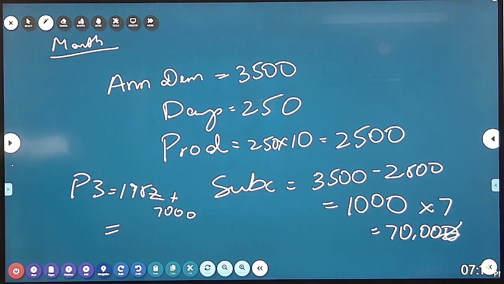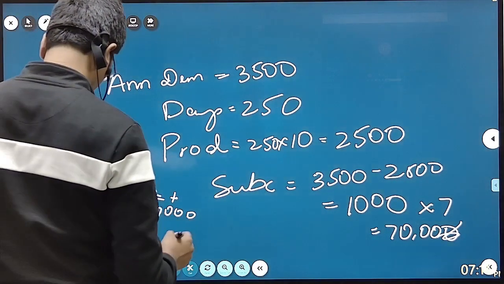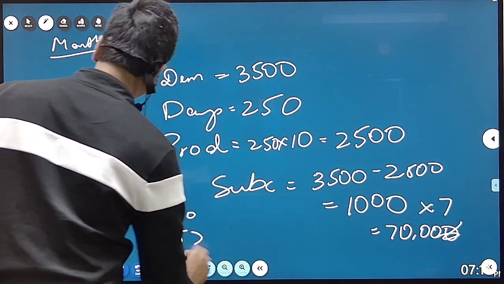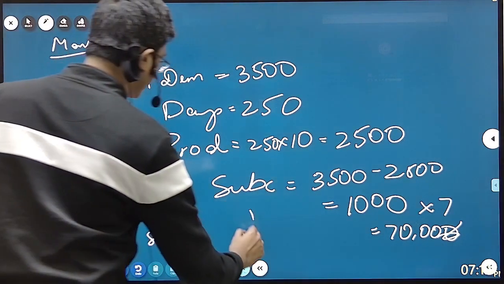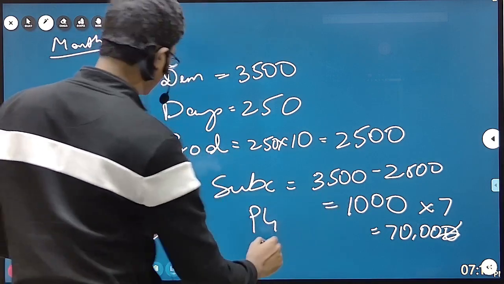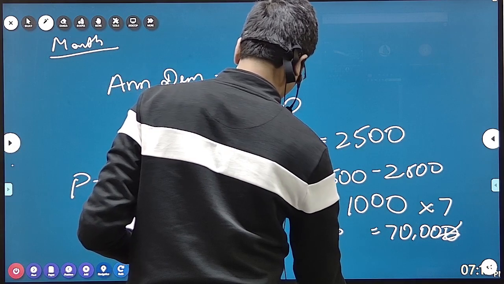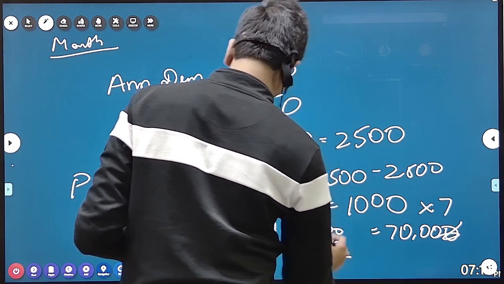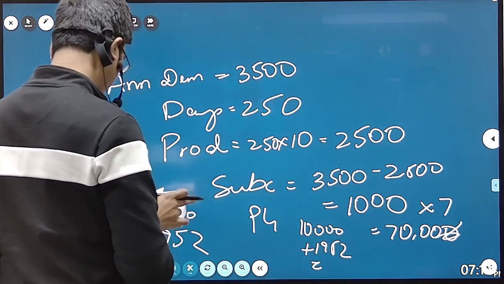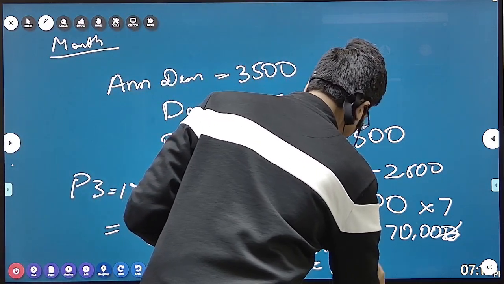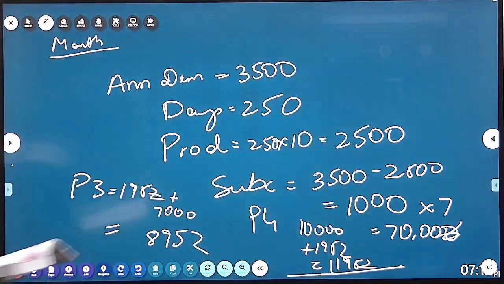So that will come to 8952. Yeah, this is for plan 3, and for plan 4 it is 10,000 plus 1952. Right, that is the only difference. That would come to 11952.